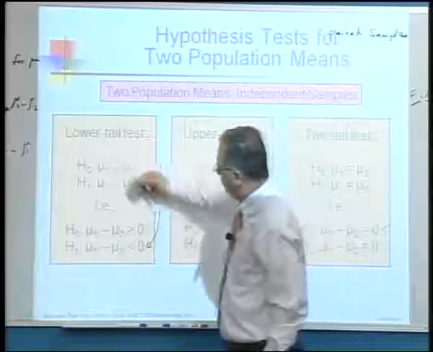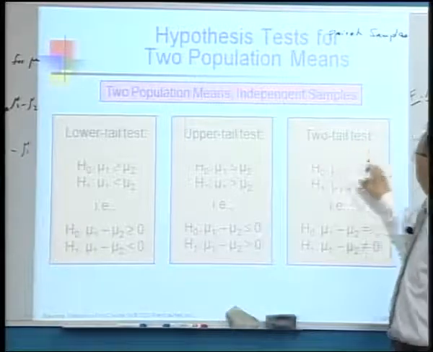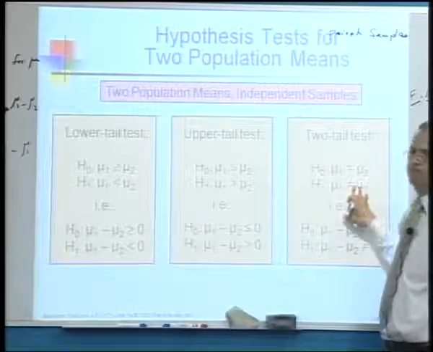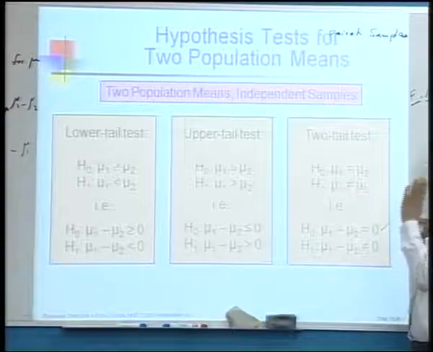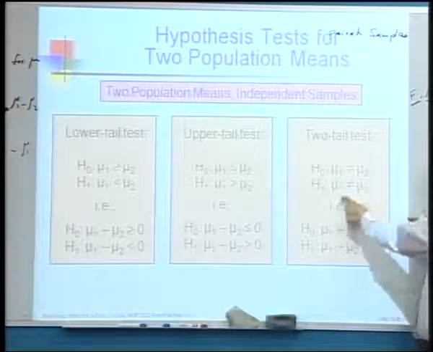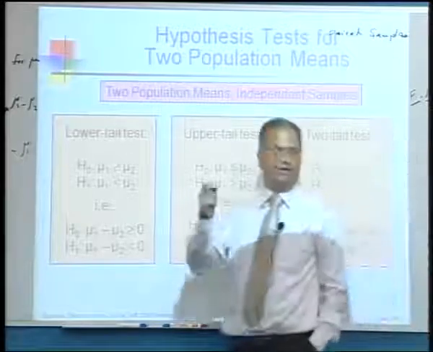So again, there are two types of tests. One is two-tail. In this case, there is no direction. You don't know the exact direction of the two population means. You just say there is a difference between the two population means. In the other two cases, you know the exact direction.